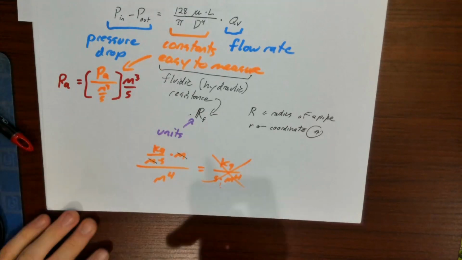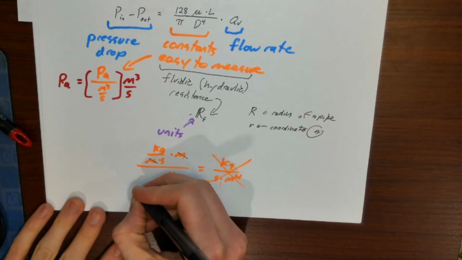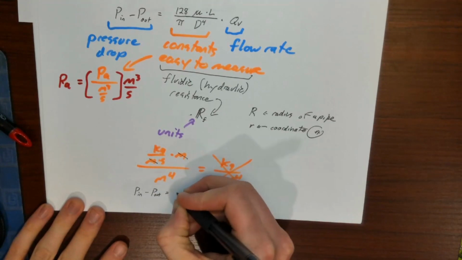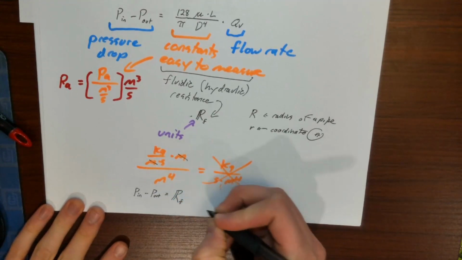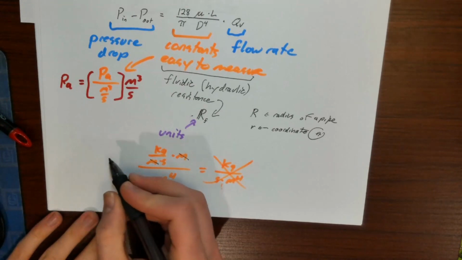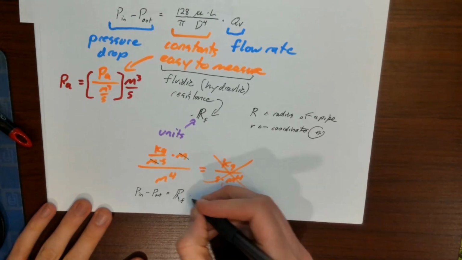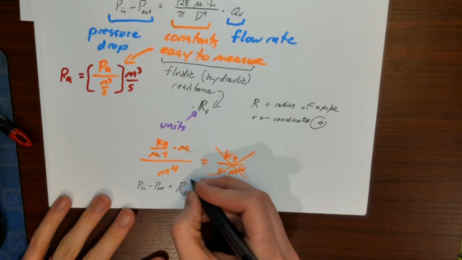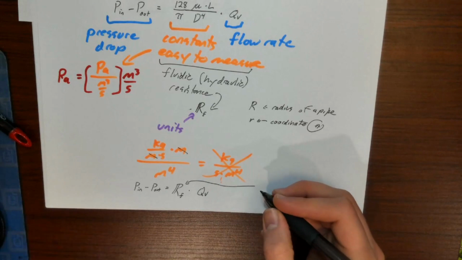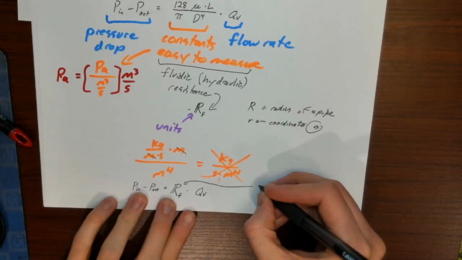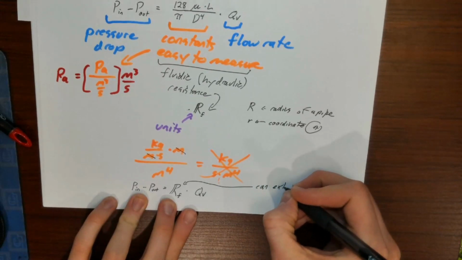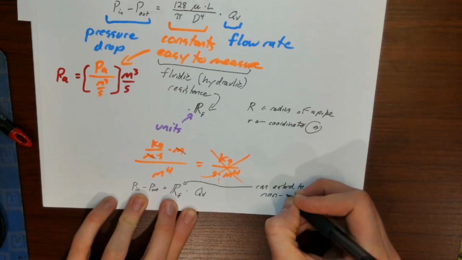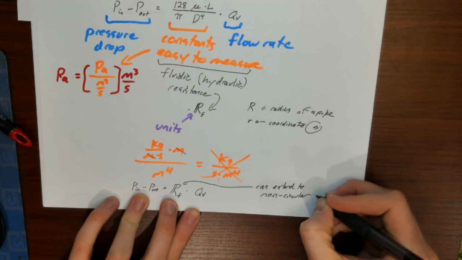So what's the key takeaway here? The key takeaway here is that pressure at the inlet minus pressure at the outlet is equal to the fluidic resistance of the particular tube with the particular fluid that's in it times the volumetric flow rate of that fluid that's in it. And it turns out that we can extend this idea of fluidic resistances to non-circular geometries.